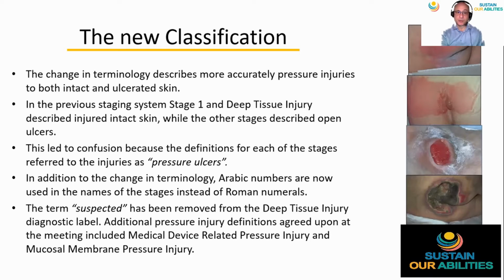This led to confusion because the definition for each of the stages referred to the injuries as pressure ulcers. In addition to the change in terminology, Arabic numbers are now used in the names of the stages instead of Roman numerals. The term suspected has been removed from the deep tissue injury diagnostic label.